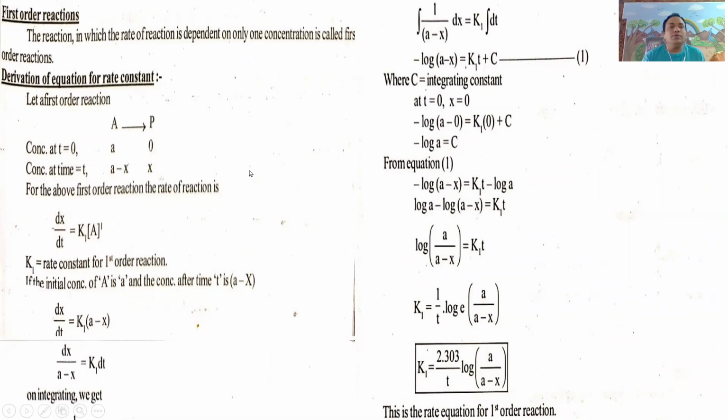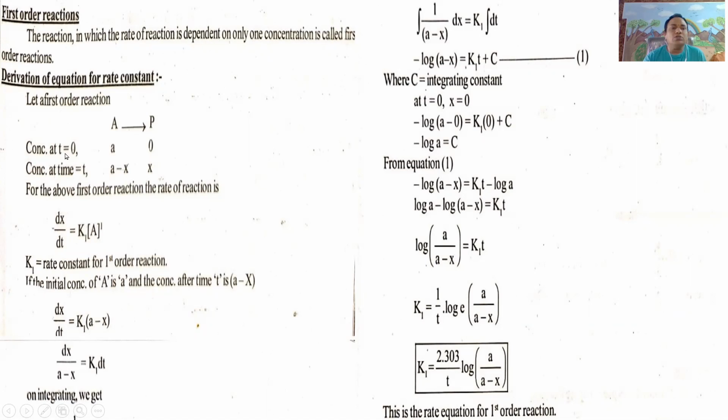Here in the first order reaction, first the derivation of the rate constant equation. That is, the derivation of the first order rate constant equation. In a chemical reaction, reactant A gives rise to products.